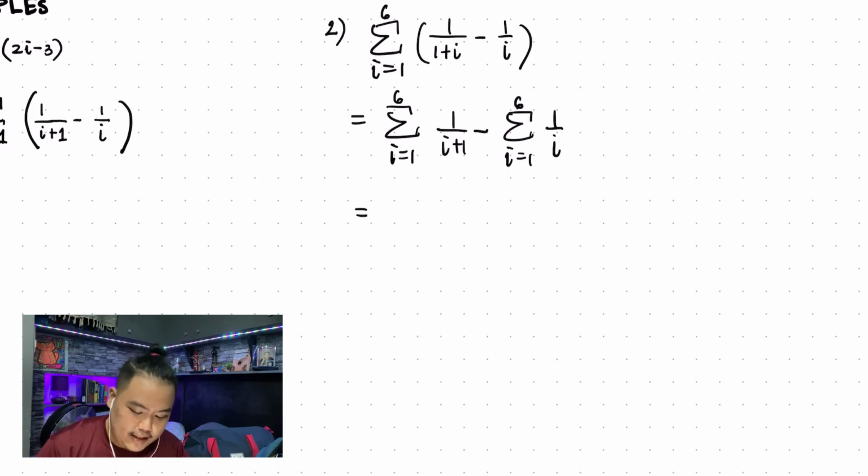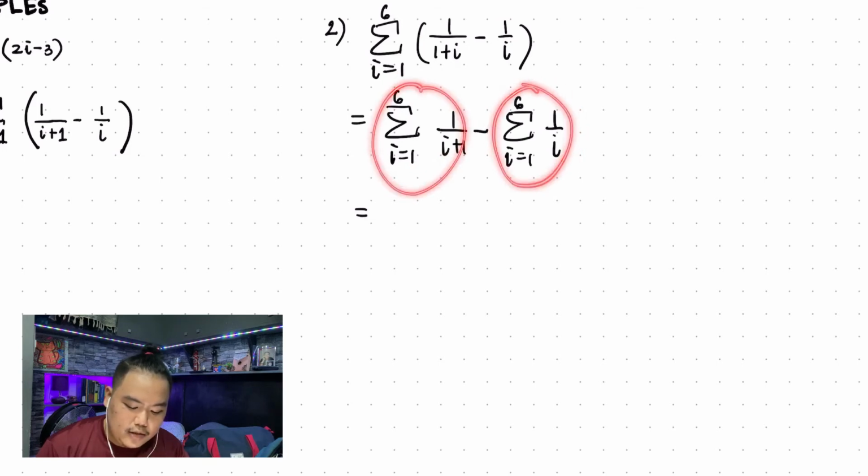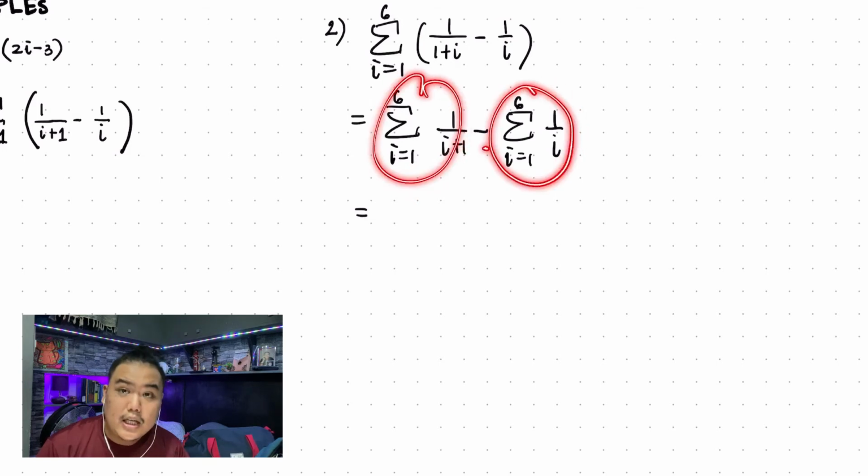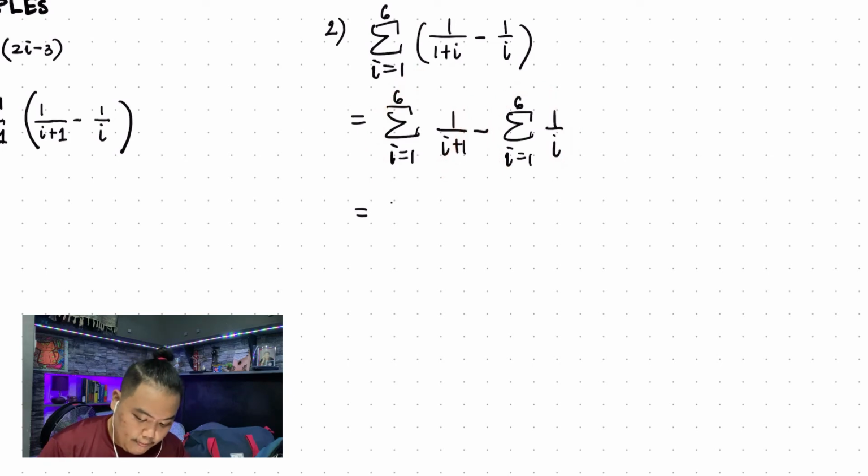Huwag kayong mag-alala. Okay, so eto, papalitan na natin yung mga I from 1 to 6. So, ganun yung gagawin natin sa kabila. So, bali, we have 2 sums. So, sum nito minus sum nito. So, we get, when I is equal to 1, you get 1 half. Plus, when I is 2, you get 1/3.